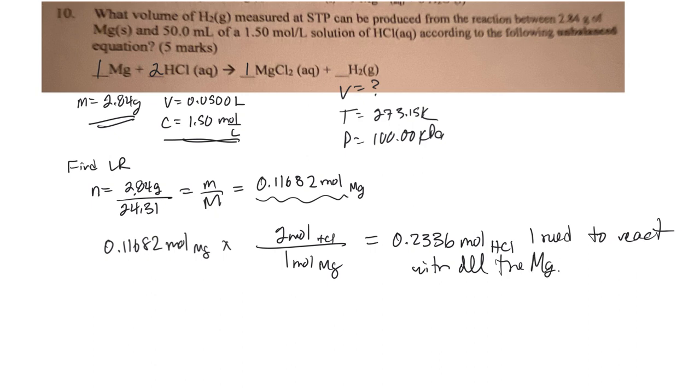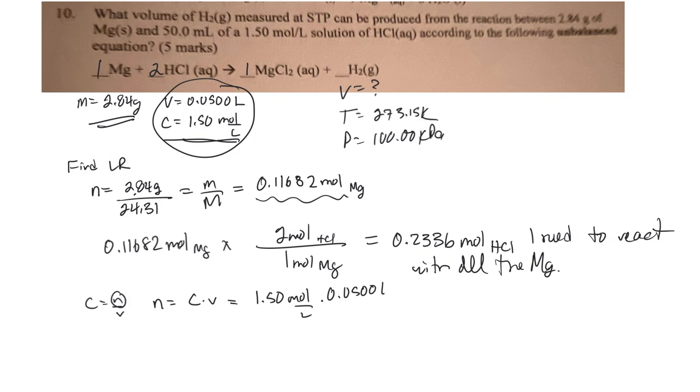Okay, so now let's actually figure out how much hydrochloric acid we have. So this is my concentration and volume. C equals n over V, and I want to solve for n. So n is equal to C times V. So concentration 1.50 moles per liter, and the volume 0.0500 liters.